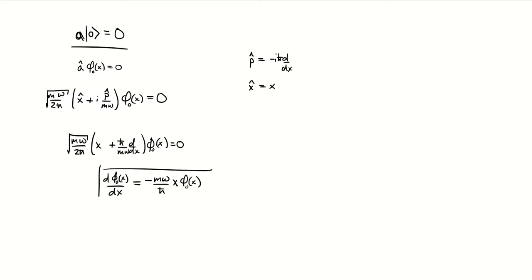Which is a simpler differential equation. We can solve this essentially by inspection, right? So by inspection, we know that this is going to be proportional to some exponential function, e to the negative alpha x squared, something like that, perhaps.